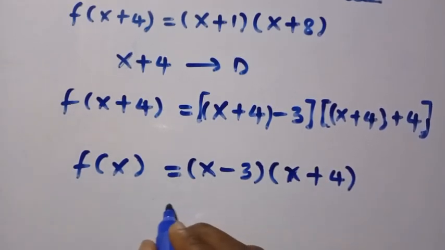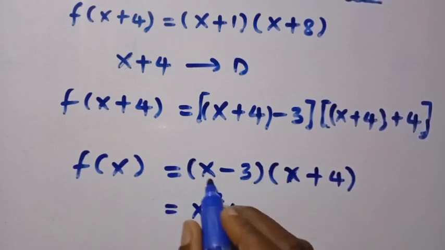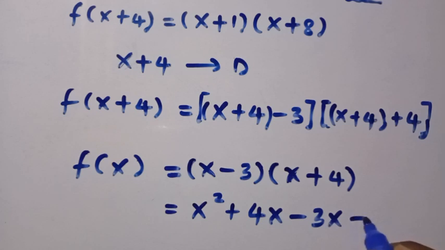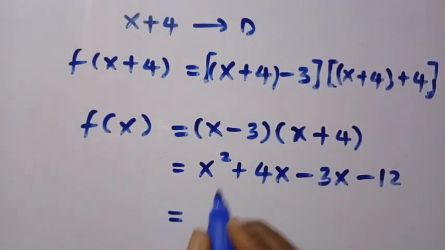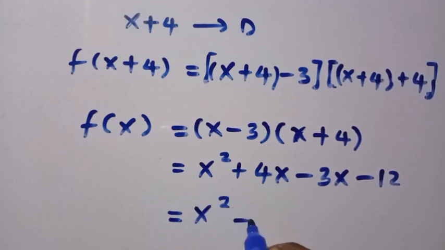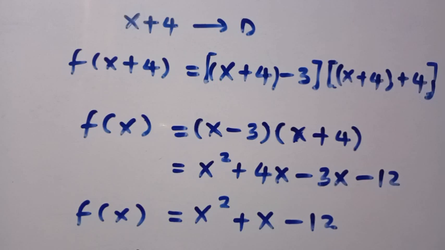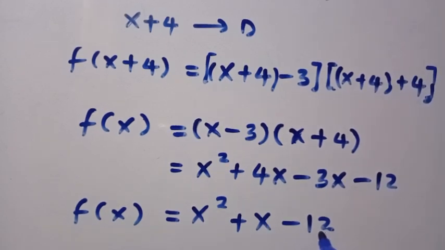By expanding this, we have x times x, that is x squared, plus x times 4, that is 4x, minus 3 times x, that is minus 3x, and minus 3 times 4, that is minus 12. So here we have x squared plus 4x minus 3x, that gives us x, then minus 12. So this is the result of f of x. We apply the first method and we get x squared plus x minus 12.